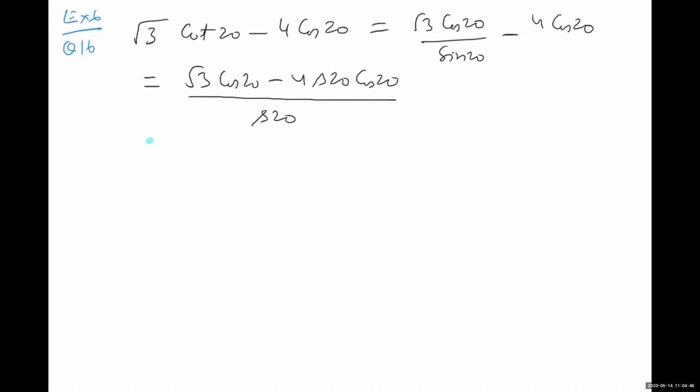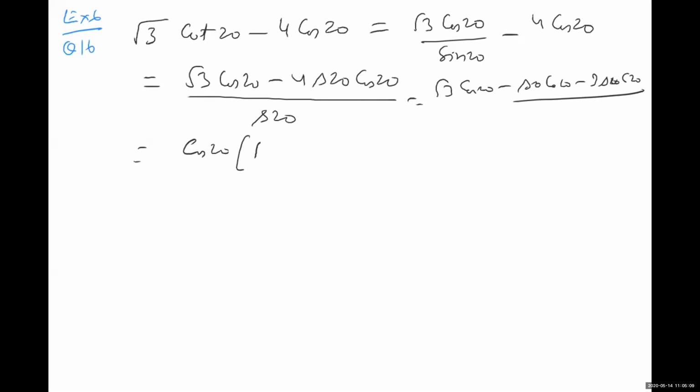So, root 3 cos 20, take outside. I think one more method is there. So many methods may be there. Write this as root 3 cos 20 minus sin 20 cos 20 minus 3 sin 20 cos 20. So cos 20 is outside.